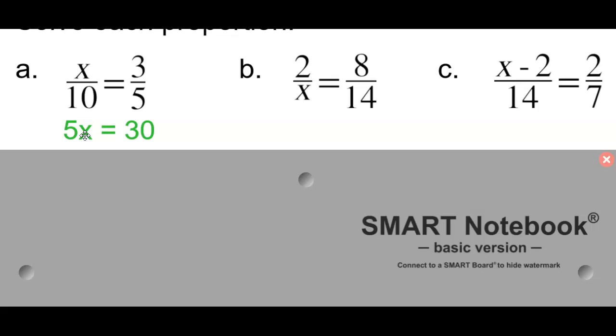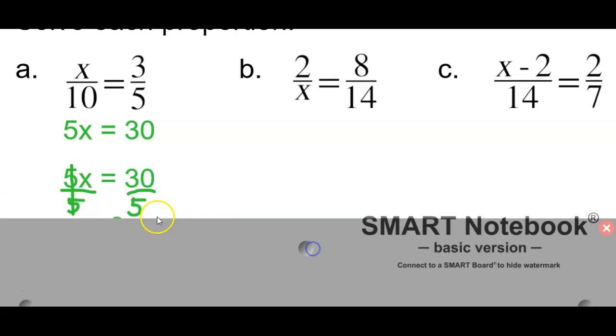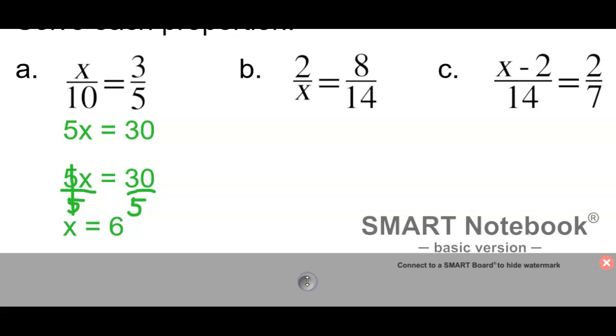They're combined by multiplication. How do I undo that? We just learned that in the last chapter. I undo it by dividing both sides by 5, because I need to 1 this out. And 30 divided by 5 is 6. Great. All right. B.